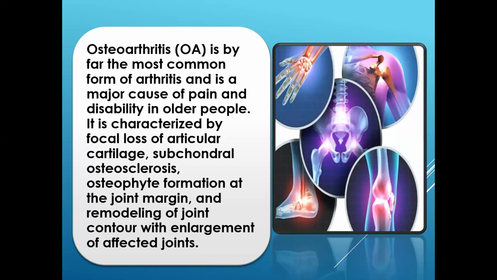So it leads to its destruction and formation of osteophytes, and the osteophytes make the joint not move freely, and the joint margin is lost, and then the remodeling, the formation of a type of joint that will not allow a very good movement, and the shape of that joint will automatically change. So that is what you need to know about osteoarthritis. It's a degenerative condition, destruction of the articular surface.